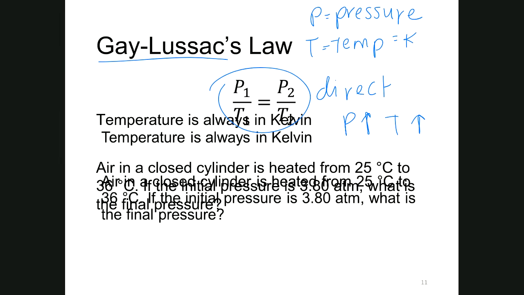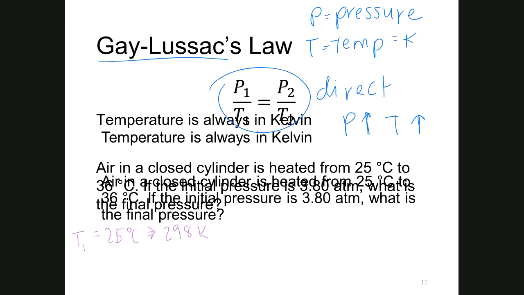So let's write out what information is given to us in this problem. We're told that we're starting with a temperature of 25 degrees Celsius, so that's T1, and we can convert that into Kelvin. Add 273, that's going to give us 298.